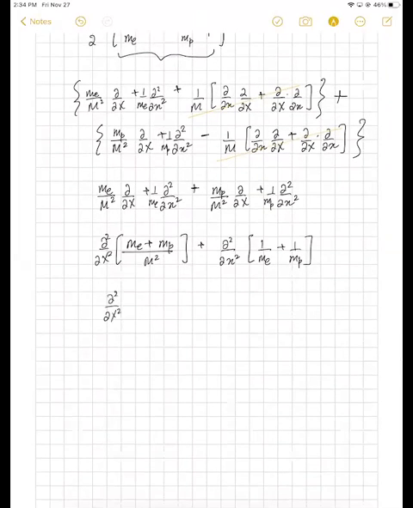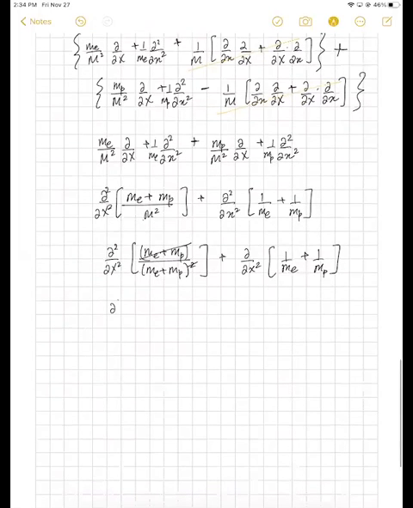This becomes, so we know that capital M is nothing but me plus mp. Just let me write that down explicitly. So one of these cancels. What we're left with is del 2 by del x2, 1 by M, plus del 2 by del x2, and this I'm going to call 1 by mu.